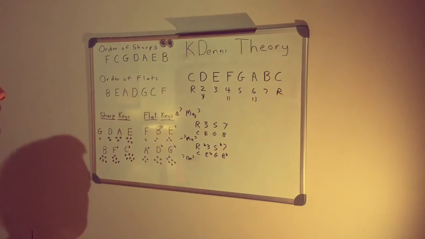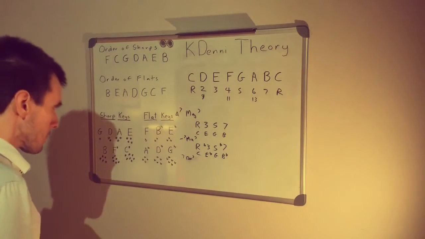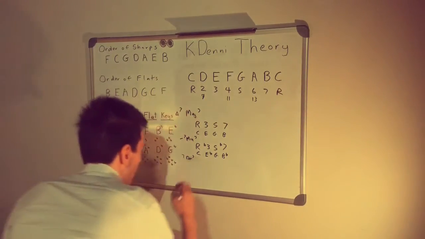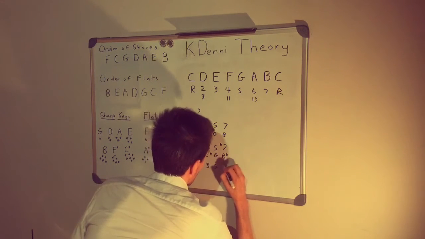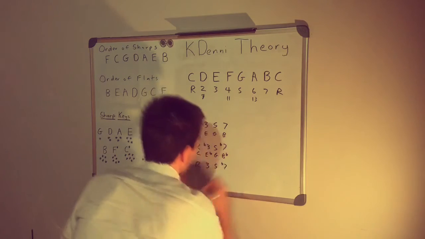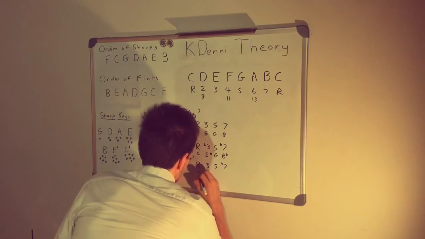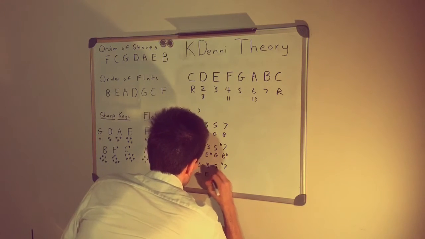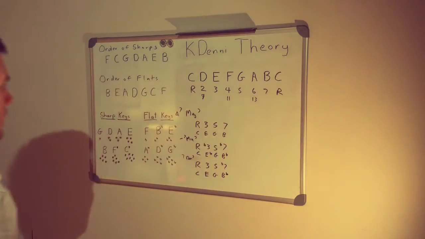Instead of people saying C dominant 7, they'll just say C7. So to build a dominant 7 chord, we have root, 3, 5, and then flat 7. So in this case, as you may have surmised, we have C, E, G, and then B flat.